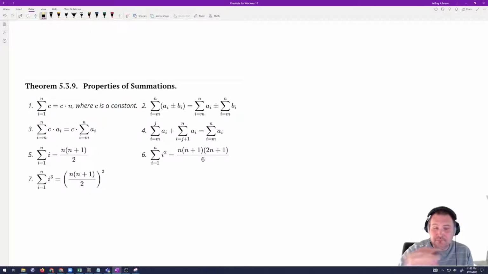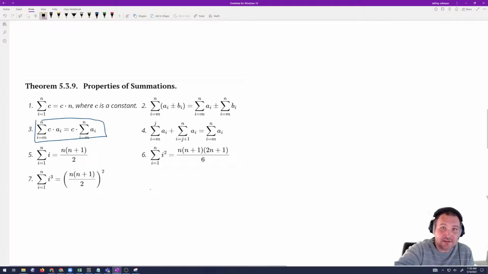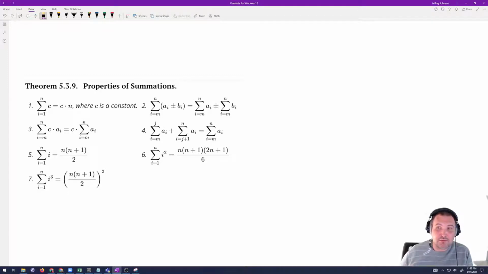And then if you have a constant times everything, like we did above with 3 times our sequence, then you can just factor out that constant. These statements look complicated and fancy, but they're really just saying the same thing that you already know about how we work with numbers.